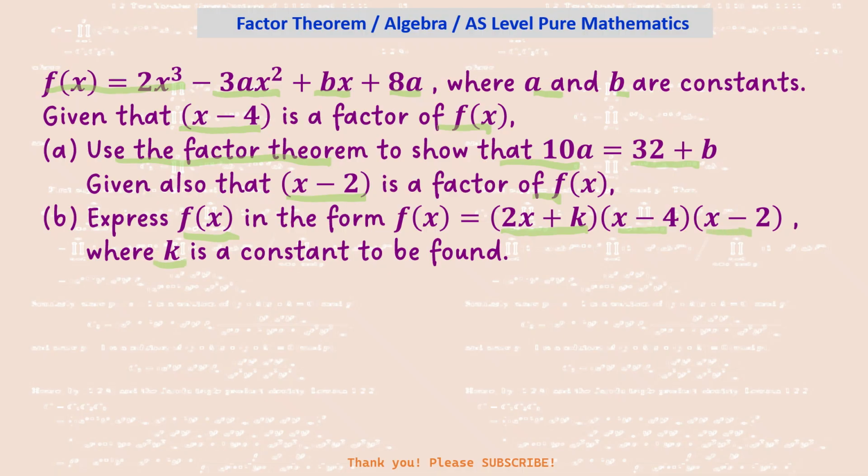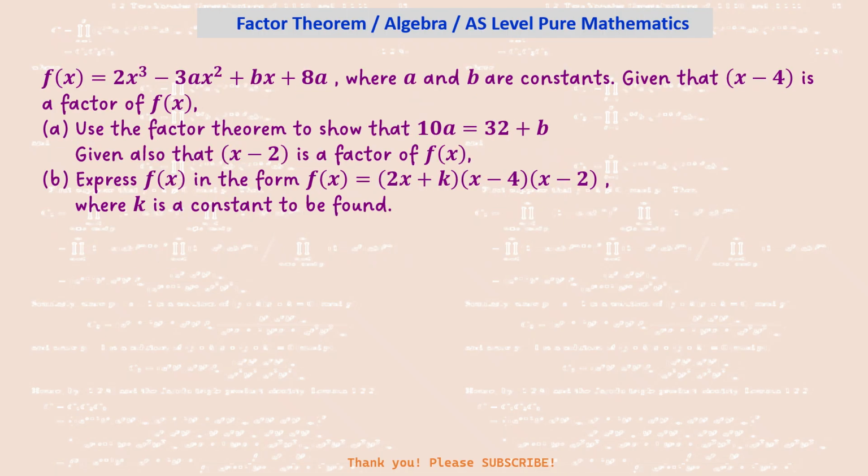to be found. So here, to find a and b using the factor theorem, the first thing is that if x minus 4 was a factor, then f(4) would be 0. If we replace x with 4, we should get 0.